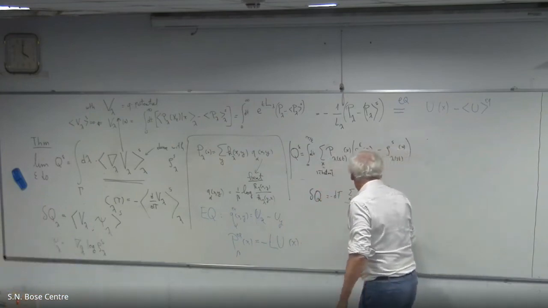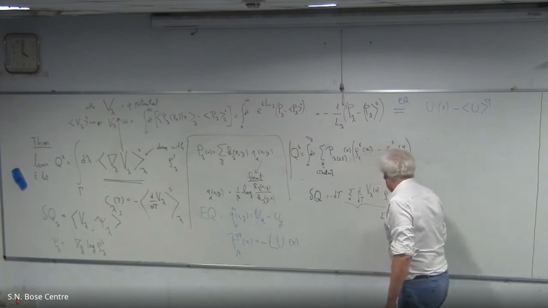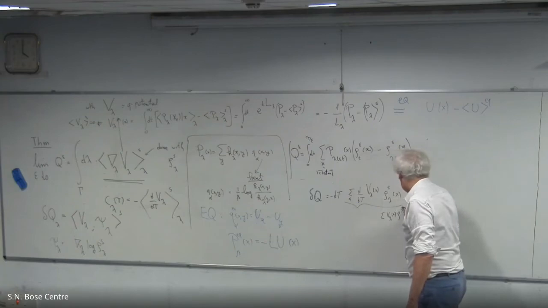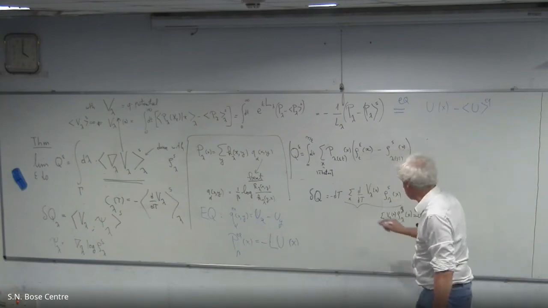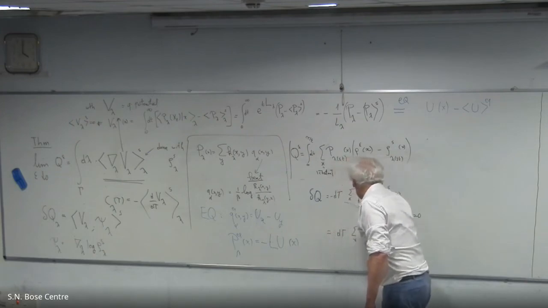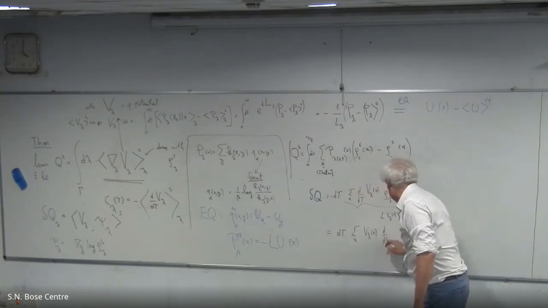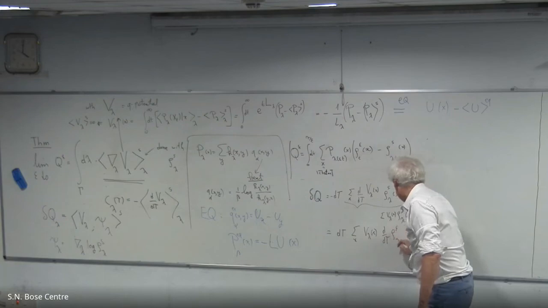Given the fact that the summation of V lambda x rho s lambda x is equal to 0, if I use that as input, then I can write this as dt summation over x, V lambda x, the derivative with respect to temperature of rho s lambda x.